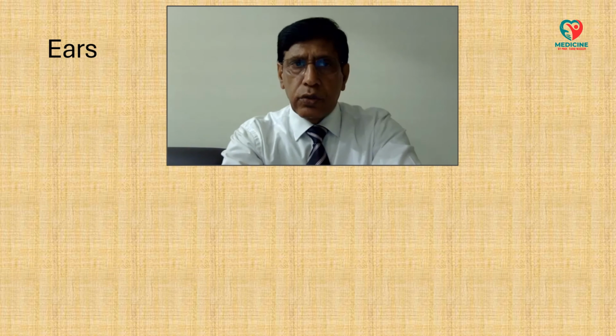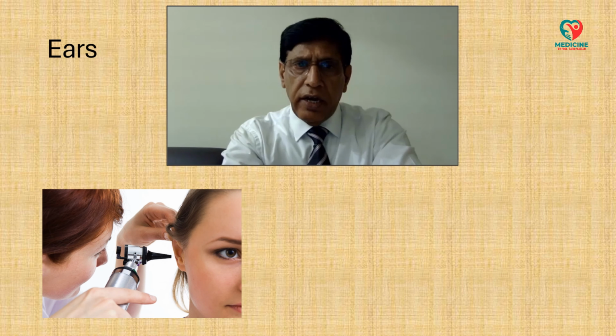Moving on from the eyes to the ears. The detailed ear examination is usually the domain of ENT or otolaryngology experts, but a quick look by an otoscope into the external auditory canal can give you a lot of information about the presence of any discharge, a boil, or a fungus, or maybe wax only.